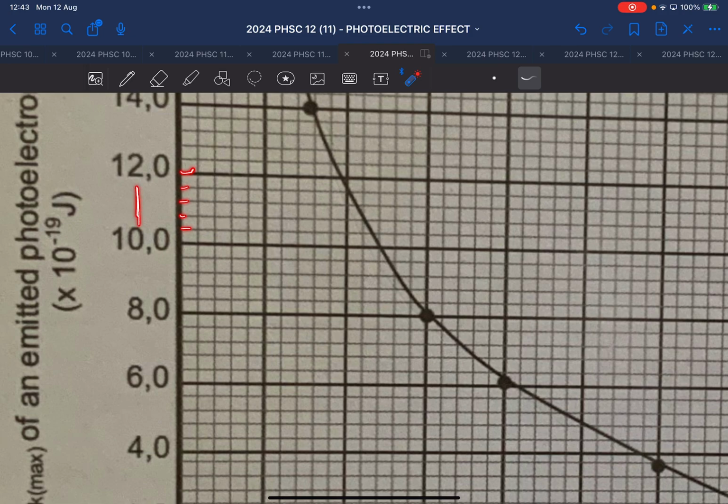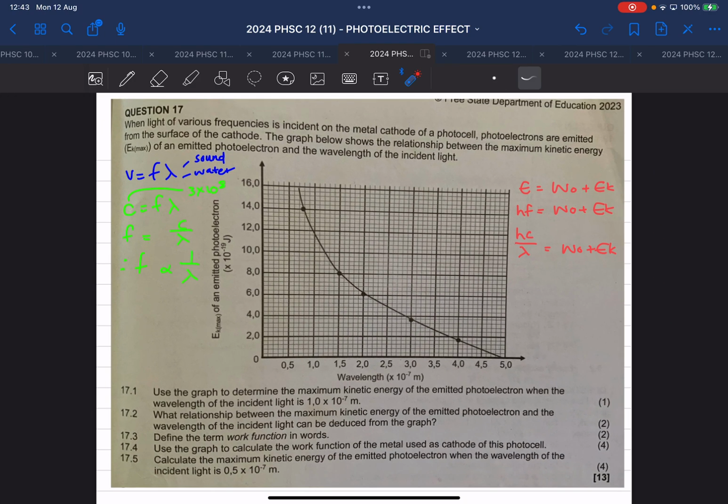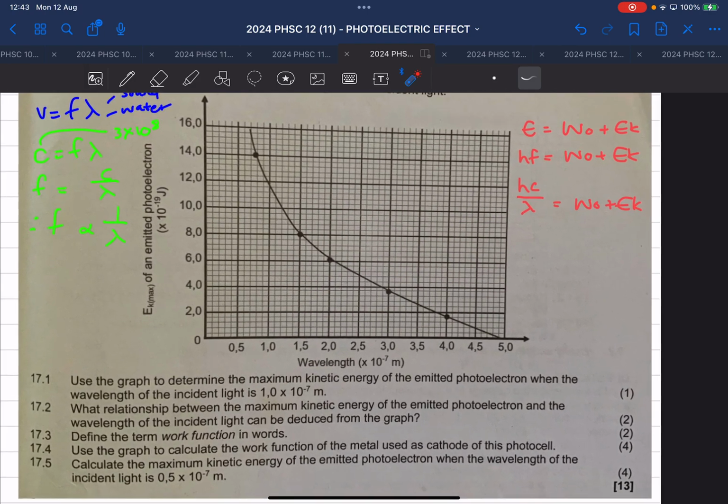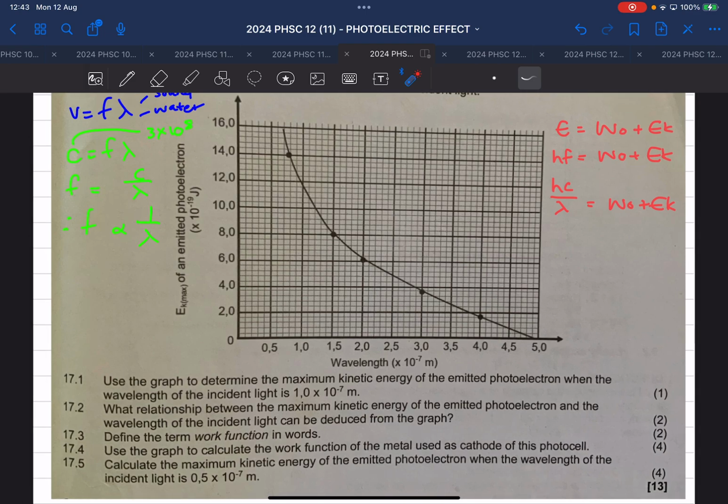What's the difference here? 2. 2 divided by 5 gives you 0.4. So this is 10.4, 10.8, 11.2, 11.6, 12. So the line just before it is 11.6 times 10 to the power negative 19 joules.